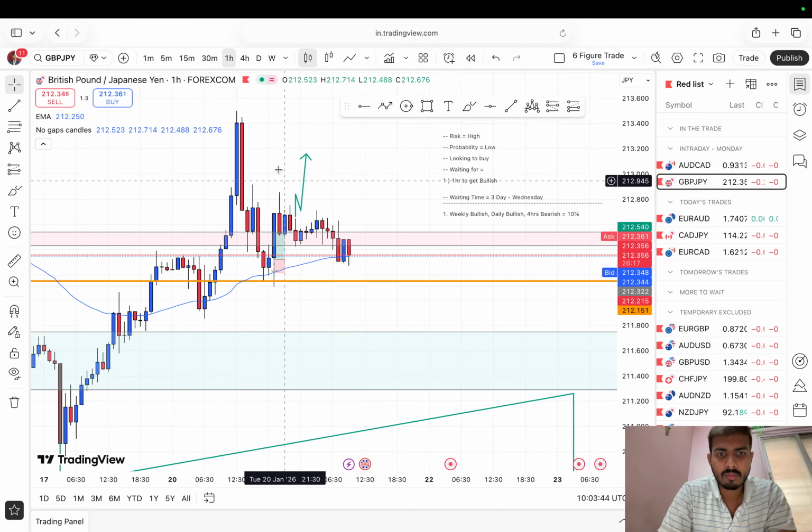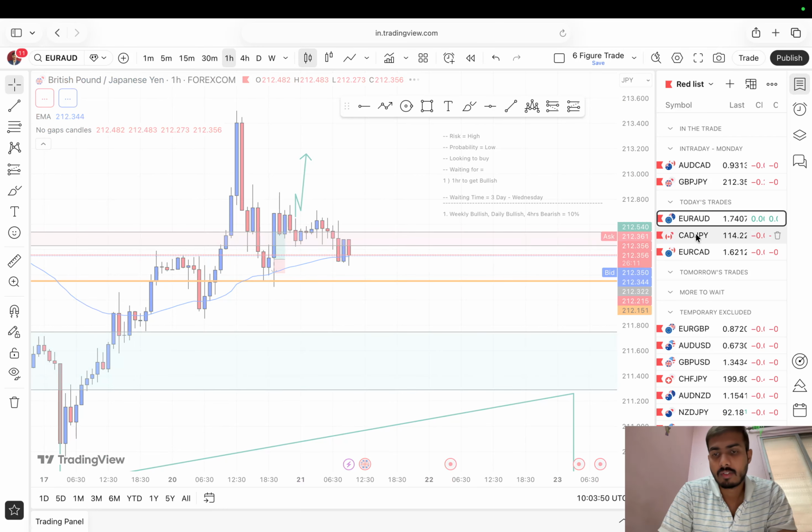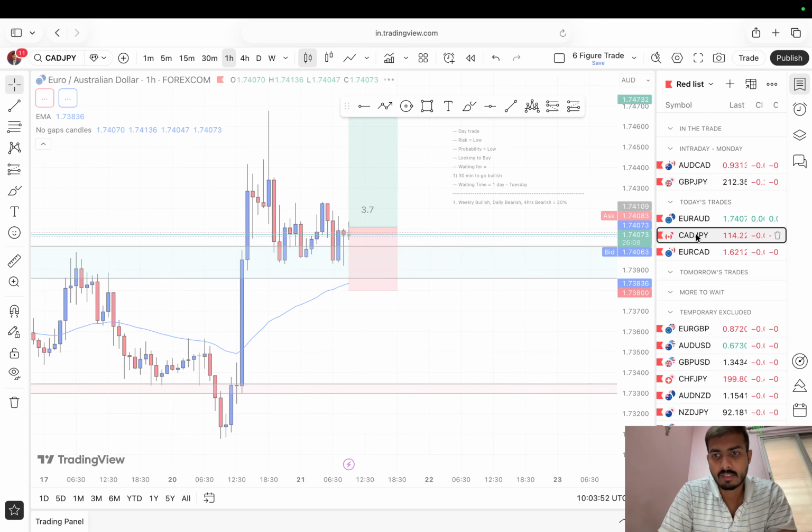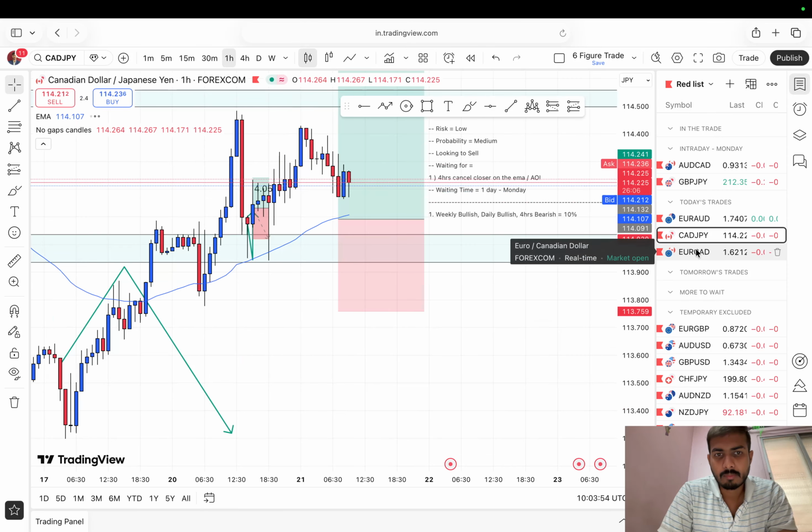I was waiting for this candle to close above this candle, which hasn't happened. No buy. Avoided loss. EUR AUD, as we discussed, CAD JPY prediction was correct, but I was waiting for 15 minutes to go bullish, which hasn't happened. No trade.